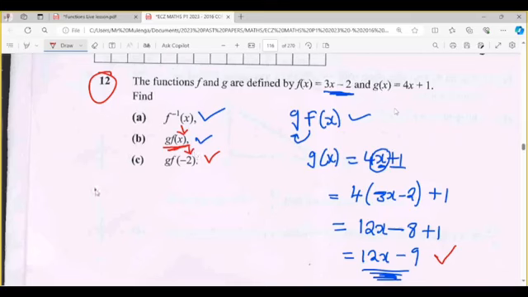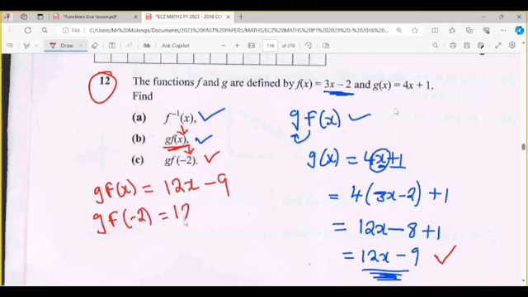So write the gf function of x, which is equal to 12x minus 9. If you got this one wrong, even this one will get it wrong, so you really have to be careful. So here now you are going to say gf of negative 2 equal to 12, where there is x, we put a negative 2, minus 9.